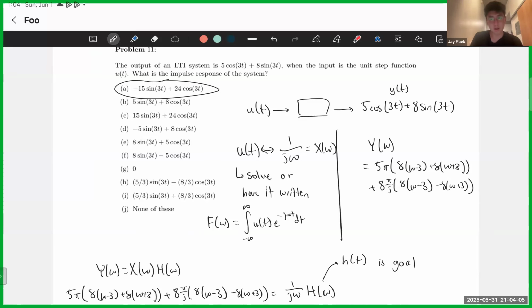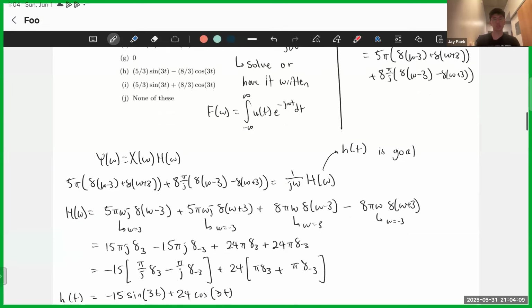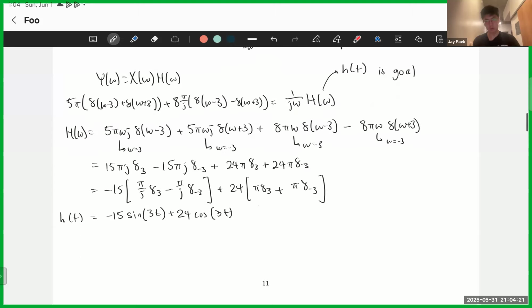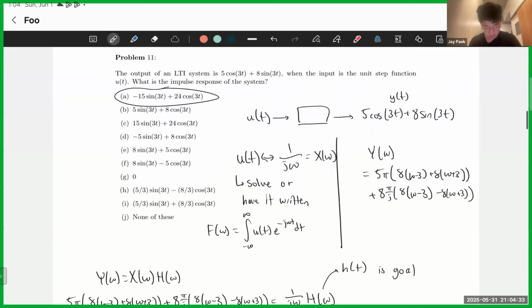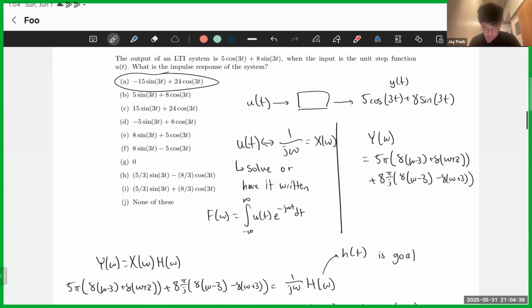Then you could move x of omega to the other side, and now we just obtain this big block of delta functions. We just need to use the delta function properties and figure out what this is organized to. I assure you that will take maximum 4 minutes. If you can save yourself from writing and keep note of which delta functions go where, it will be significantly easier. But that's definitely not the easiest question.